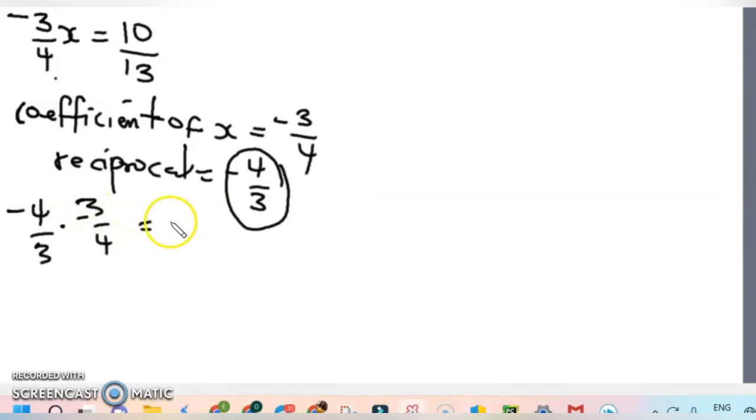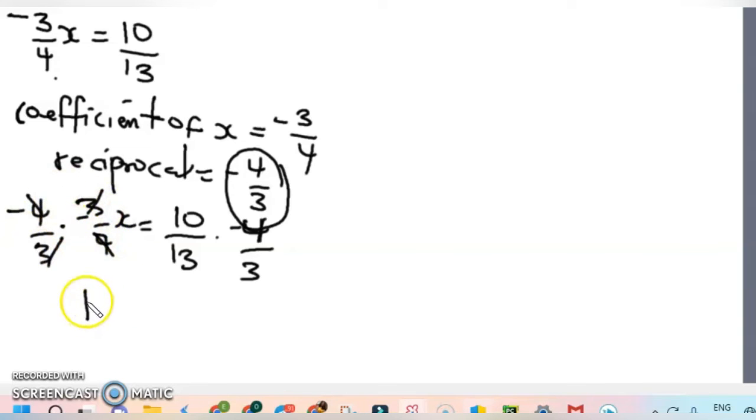So, as you can see, negative 4 over 3 and negative 3 over 4 cancel out. This is to say that a number times its reciprocal is always equal to 1.